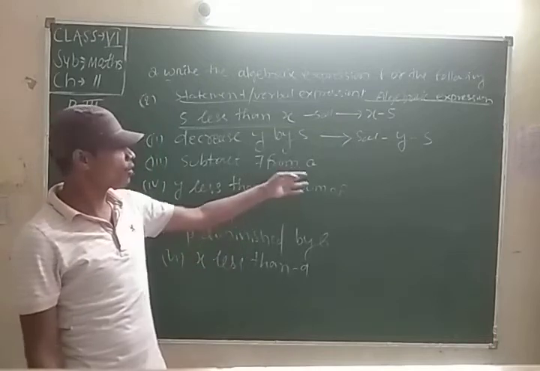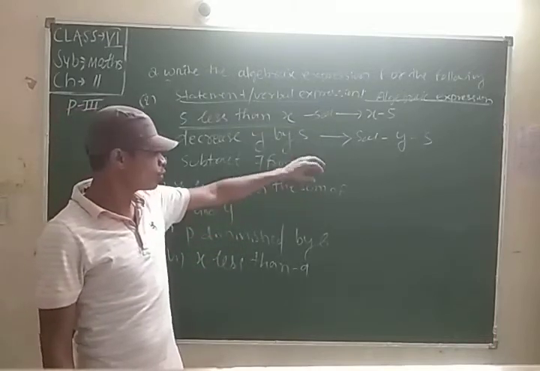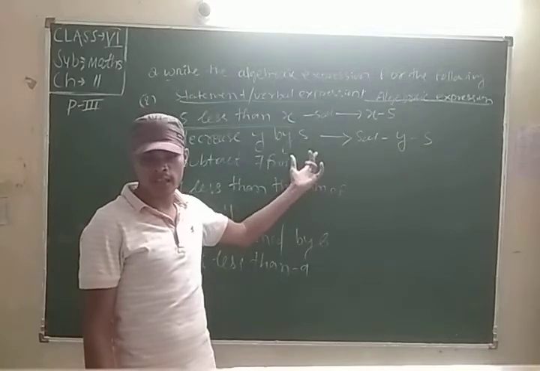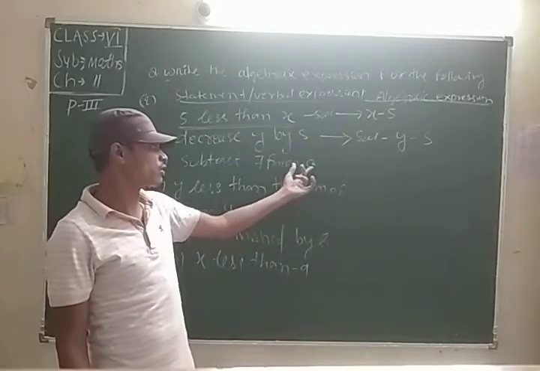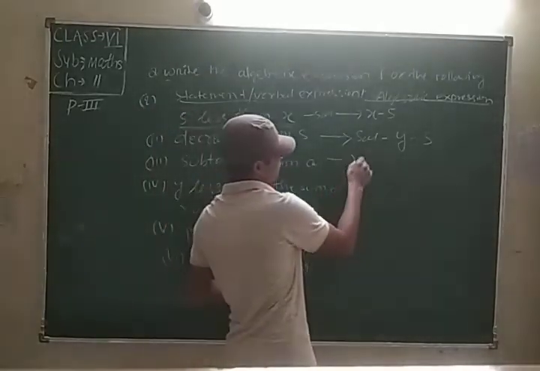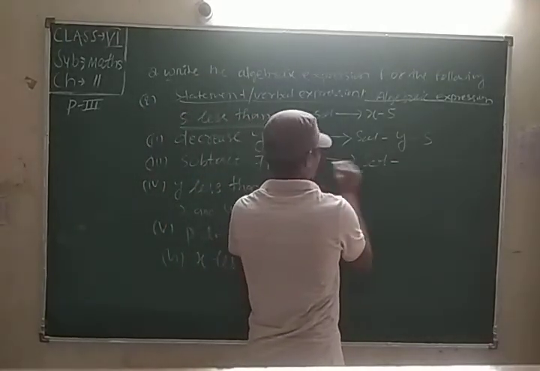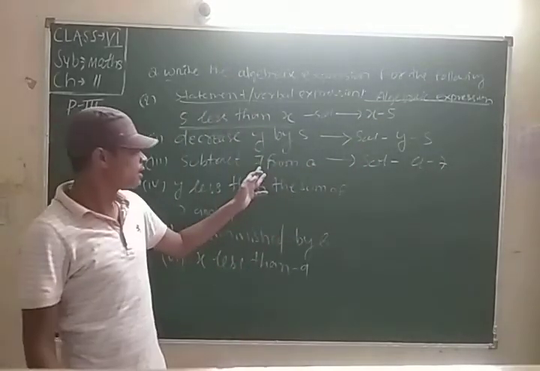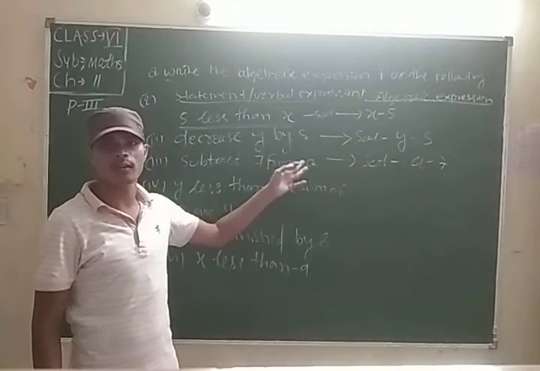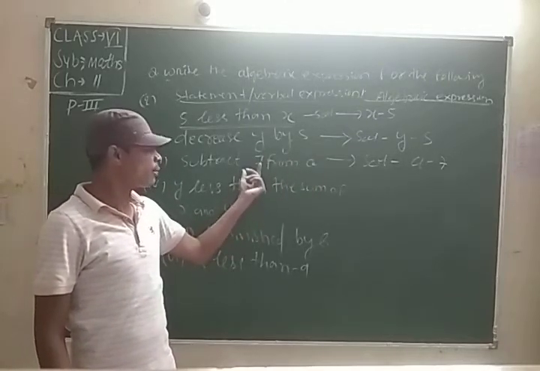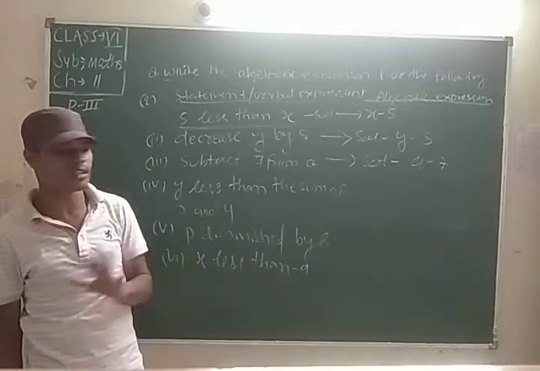Here the word from is there, so which number do we write first, 7 or a? That's why the second is first and the first is second. The solution is a minus 7, not 7 minus a, because here it is 7 from a. Keep in mind, when from is there, always the first one is subtracted from the second one. Clear about it?